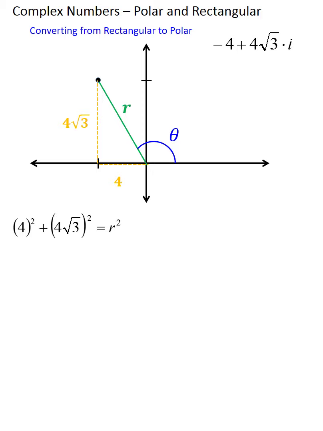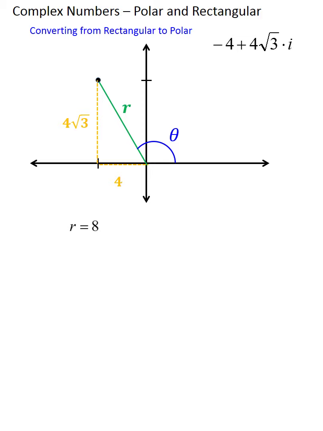Setting up the Pythagorean theorem and doing a little bit of algebra will eventually get me the value of r. And what I now know is that this point, or complex number, is 8 spaces away from the origin. In other words, r equals 8.